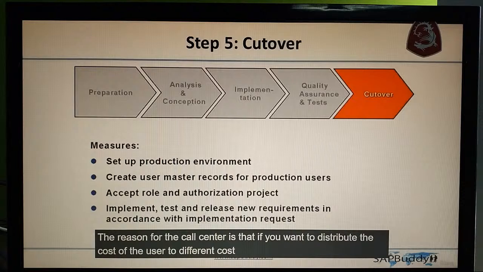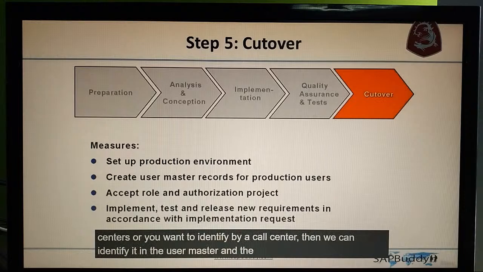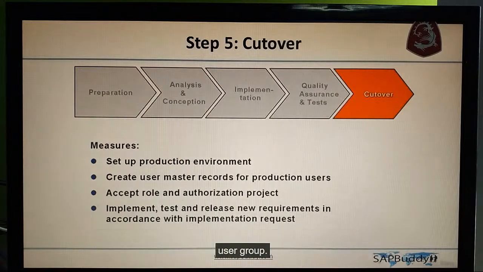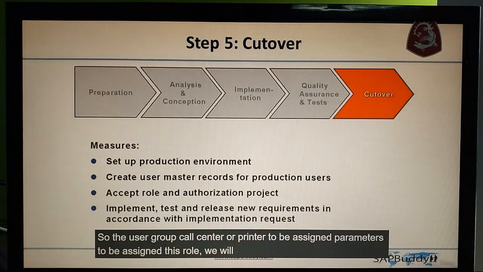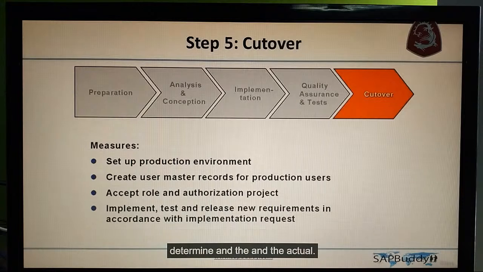The reason for the cost center is that if you want to distribute the cost of the user to different cost centers, or you want to identify by a cost center, we can identify it in the user master. And the user group, cost center, printer to be assigned, parameters to be assigned: this is all we will determine.